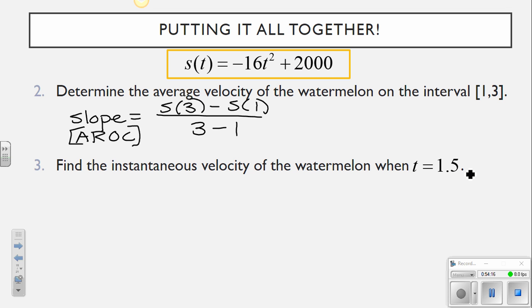All right, so what do we get here? This should be 1744 minus 1936 is what I have, over 2. Can someone check me there?